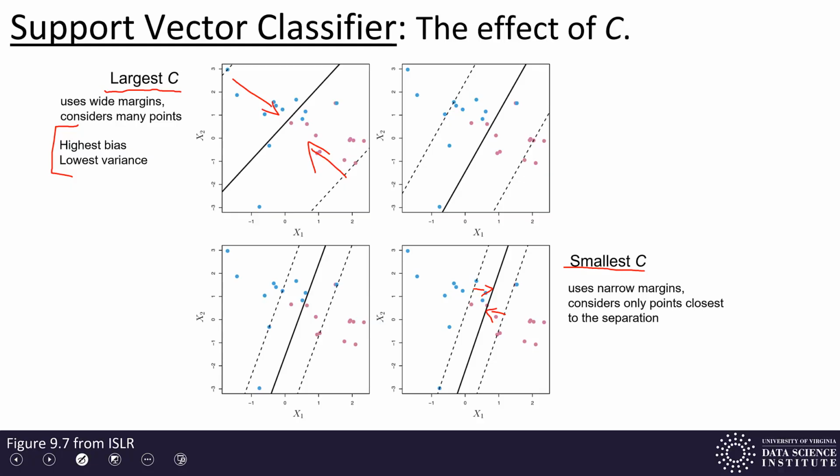It has the highest bias because of the trade-off. At the other extreme of the smallest C, we have examples with the lowest bias and the highest variance. You can think of that in this example, just the contrast. If you vary some of those points that are close to the separating hyperplane, there are few of them, so that will have a bigger impact on where that separating hyperplane goes.